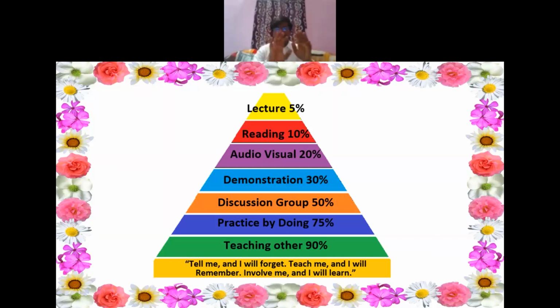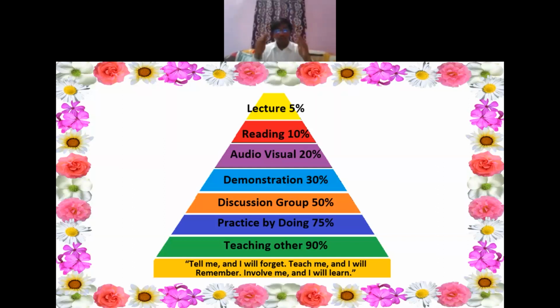Moreover, we can divide the lesson into three or four parts and ask a student, roll number 1, come and teach this topic. Do you know what will happen? Involvement of the students will take place. That is what the yellow border at the bottom says: Tell me, I will forget. Teach me, and I will remember. Involve me, I will learn.